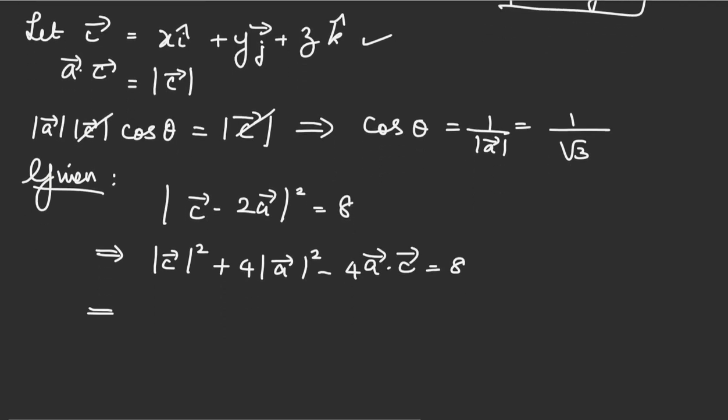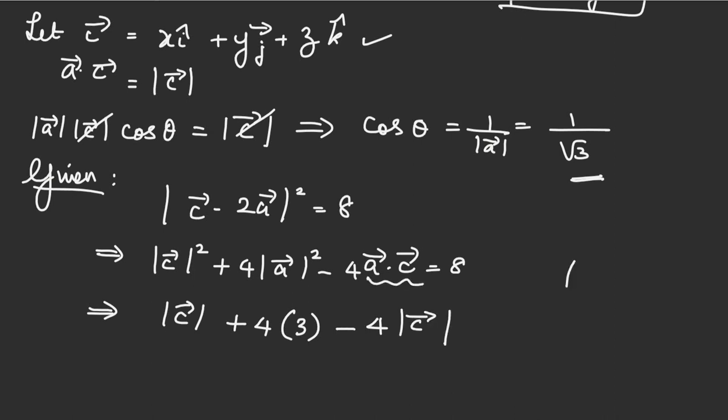Modulus of A is root 3, so modulus of A whole square will be equal to 3, minus 4 times modulus of C vector, since given in the question that A vector dot C vector is equal to modulus of C. So using that, this is equal to 8.